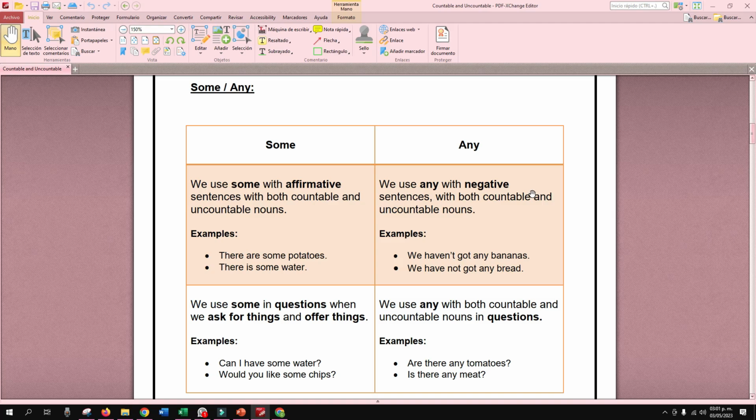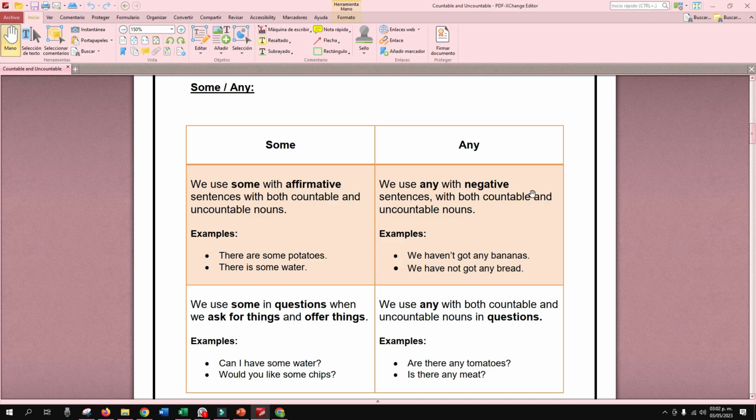Any. We use any with negative sentences with both countable and uncountable nouns. Examples: we haven't got any bananas. We have not got any bread. That's negative. Or we don't have any bananas. Or we don't have any bread.